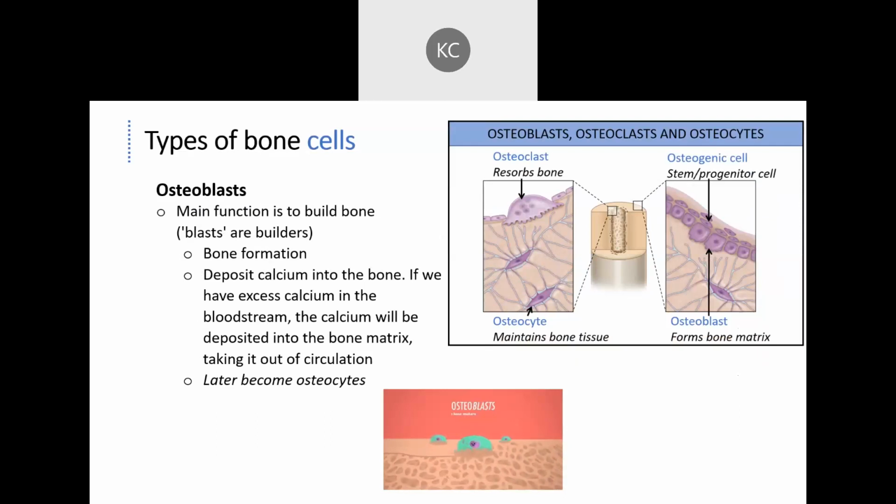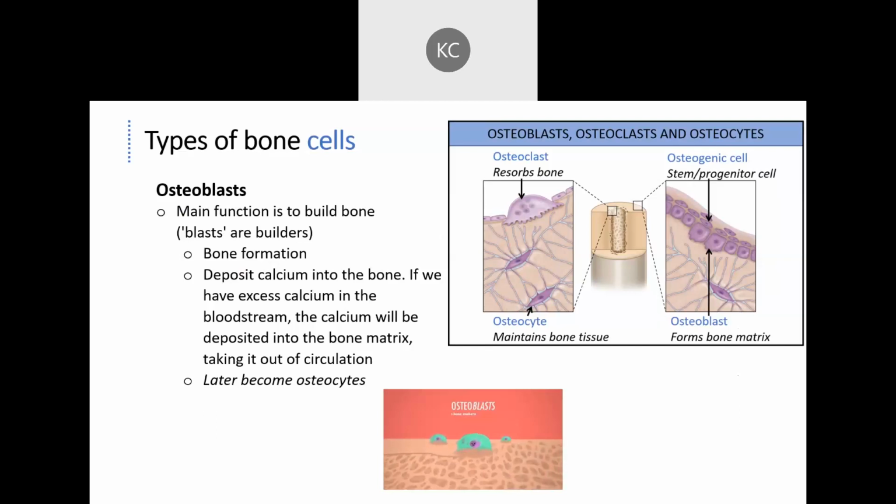What they do is lay down collagen fibers, and these collagen fibers are then able to be organized into specific structures known as osteons. The osteons are what help to make our bones strong, and they're these circular concentric structures that we'll look at in just a little bit.